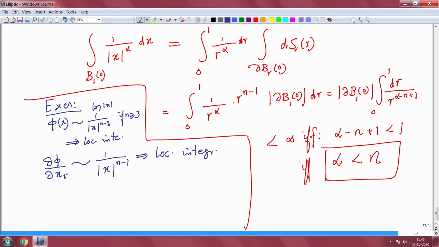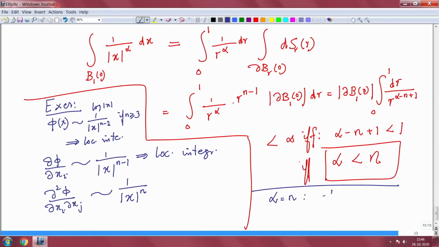These are some exercises, but you try to compute d square phi by dxi dxj. You can see that this behaves like 1 by mod x to the power n, you just miss it. When alpha equal to n, it is not locally integrable. You have to see that alpha equal to n, 1 by mod x to the power n is not locally integrable.